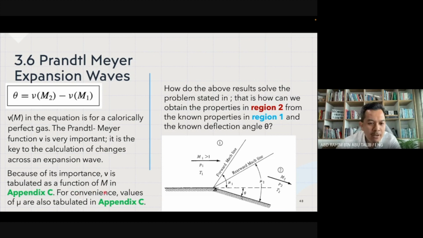The values of mu are also tabulated. And the question raised is how do the above resolve and solve the problem stated? That is, how can we obtain the properties in region 2 from the known properties in region 1 and the known deflection angle theta?